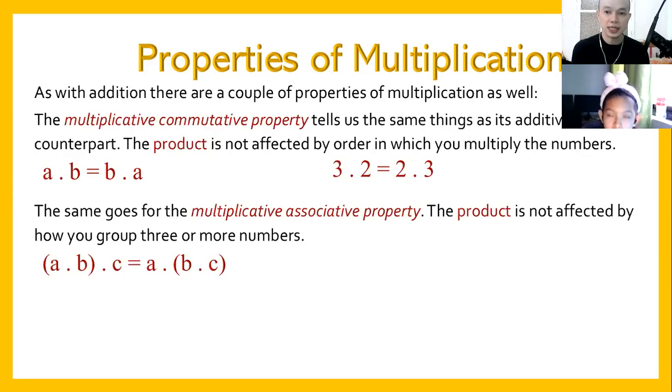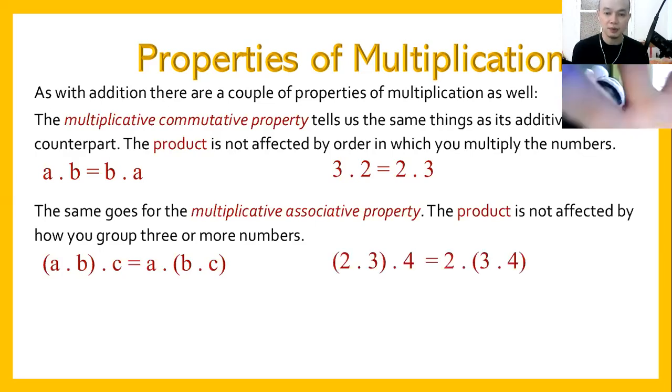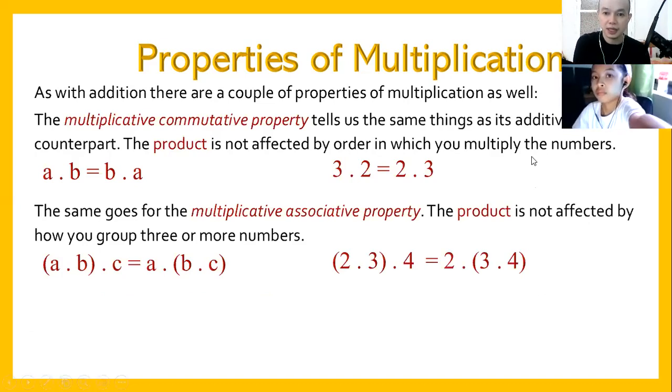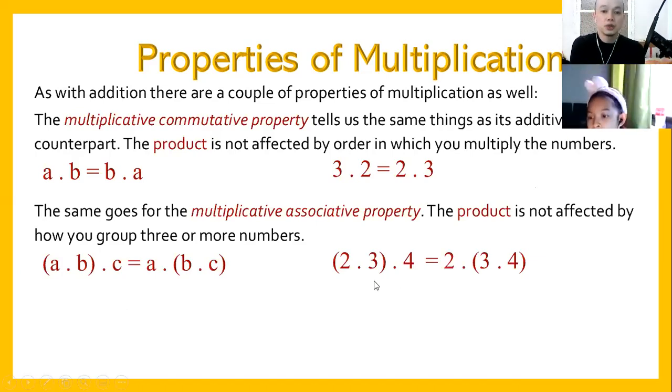To make it concrete, let's give values to A, B, and C. If we have consecutive values of 2, 3, and 4, this becomes 2 times 3 in the same group, multiplied by 4, which will be the same as 2 multiplied by 3 times 4 in the same group.